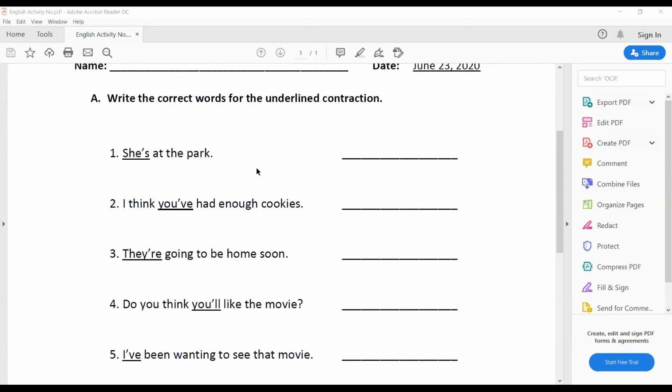She's at the park. Okay, she's at the park. So the underlined contraction is she's. What do you think? We have the underlined contraction, she's. What words? The uncontracted form of she's.